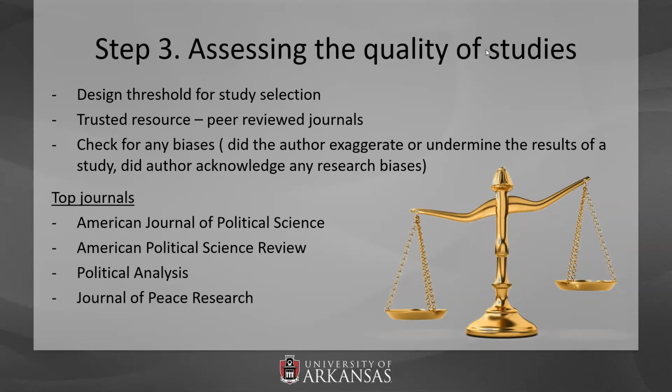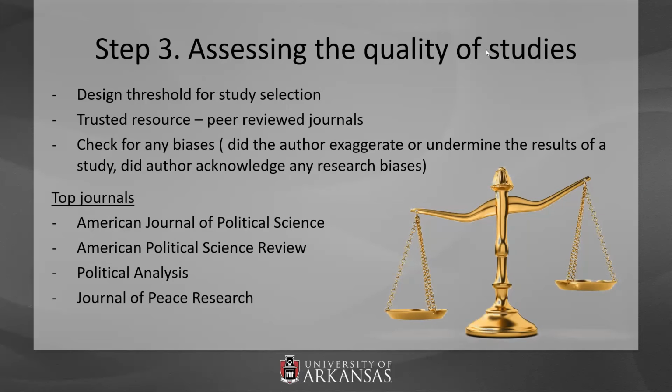Here are some top peer-reviewed journals with high impact factors in political science down below. And also one thing I would like you to be mindful of is to check for any biases.